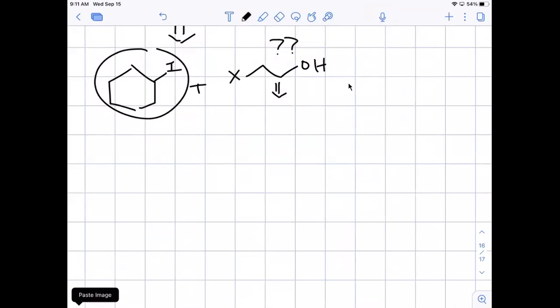Well, the alcohol had to come from an alkene, because hydroboration oxidation is one of the steps in the process. So there had to be an alkene involved somewhere, because hydroboration works on alkenes to turn them into alcohols.